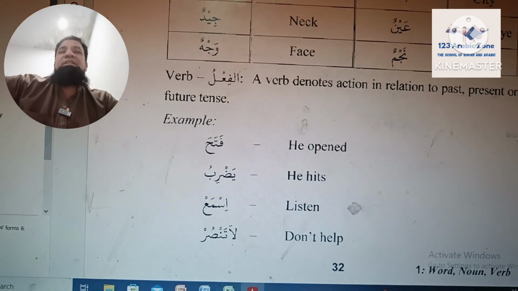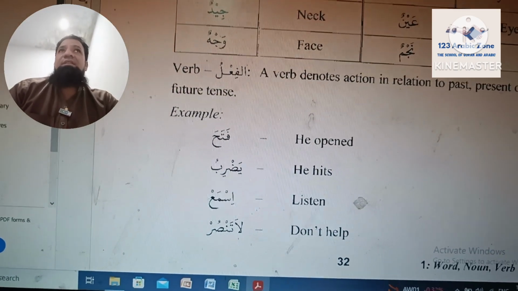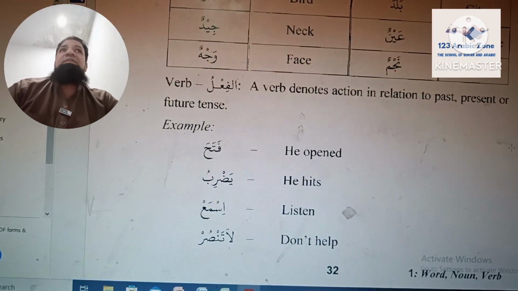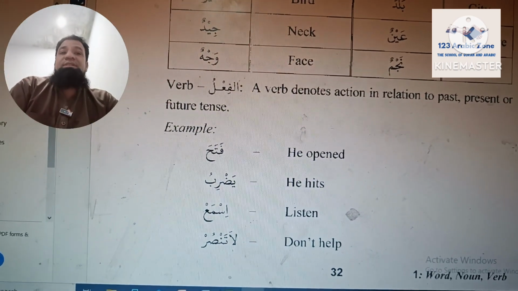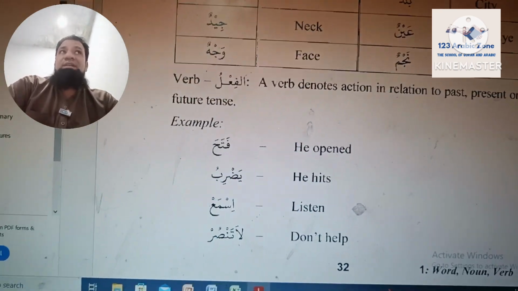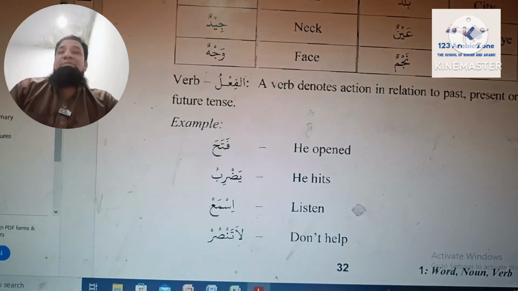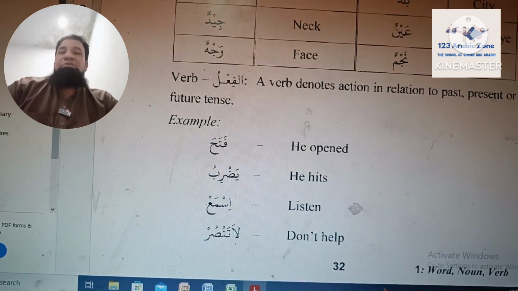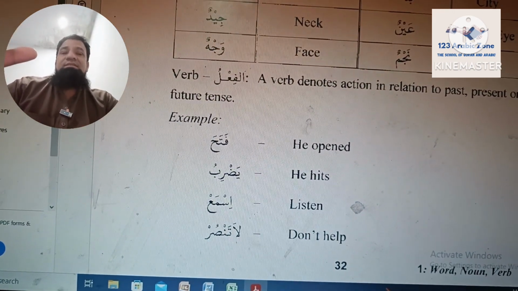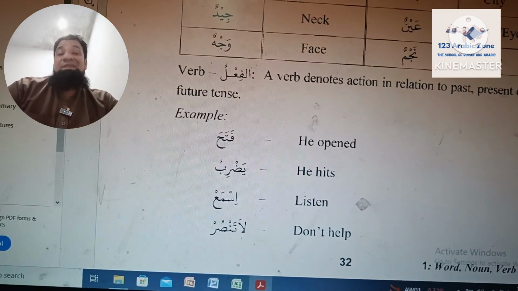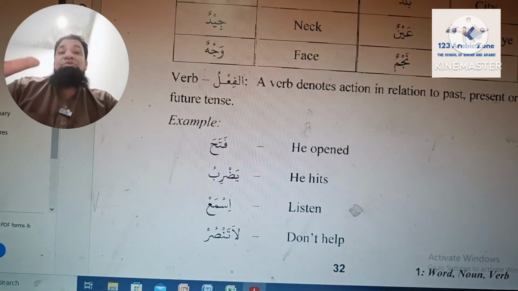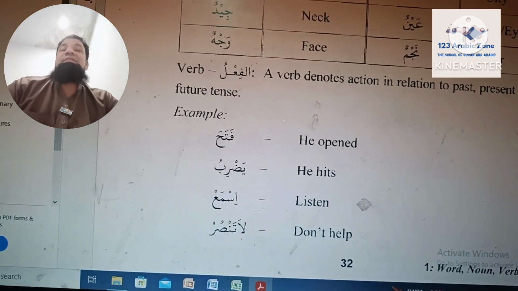Al-fi'l includes the past verb, the present verb, the command verb, and the prohibition verb. So فتح, he opened, relates to past. يضرب relates to future or present. اسمع is the command verb. لا تنصر is the prohibition verb.